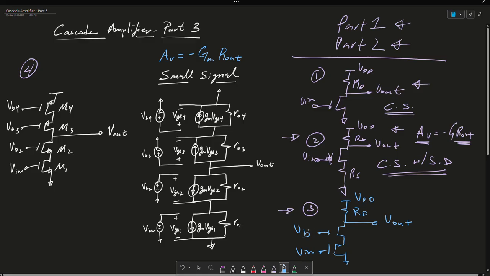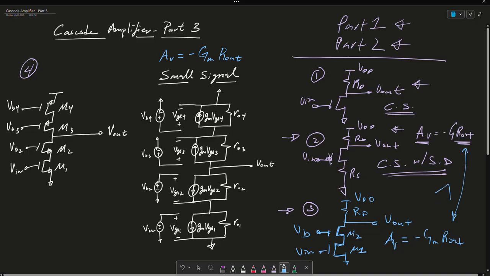Again, this V bias is inputted into this M2 transistor in order to keep it in saturation, because we need both M2 and M1 to be in saturation to draw an ideal current source. As a result, we found out that the AV gain, minus GM R out, is higher than this AV gain. So this guy is higher.